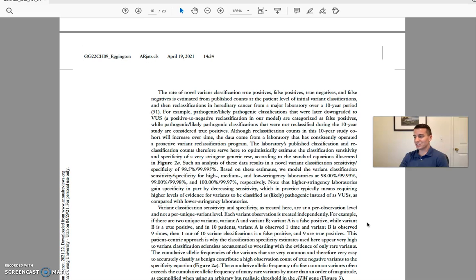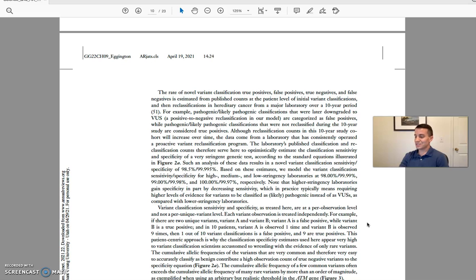Although reclassification counts in this 10-year study cohort will increase over time, the data come from a laboratory that has consistently operated a proactive variant reclassification program. The laboratory's published classification and reclassification counts therefore serve here to optimistically estimate the classification sensitivity and specificity of a very stringent genetic test, according to the standard equations illustrated in Figure 2a.